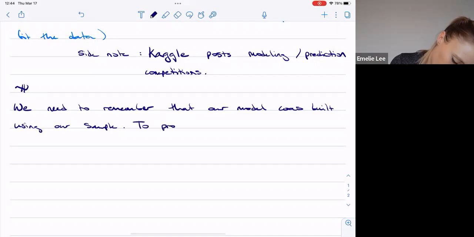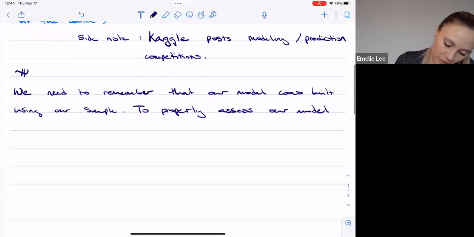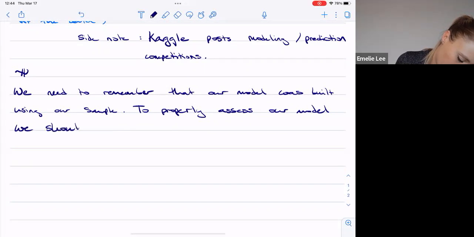So to properly assess our model, we should apply it to what we call a holdout set. To properly assess our model, we should use cross-validation.